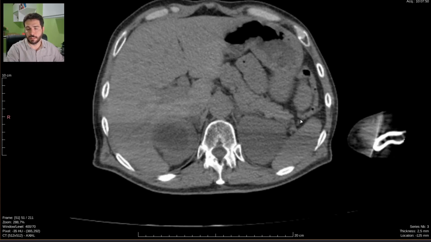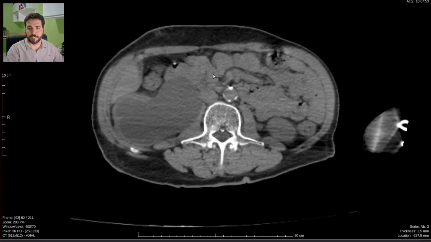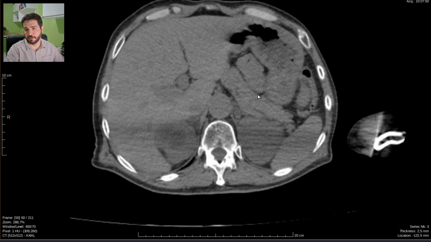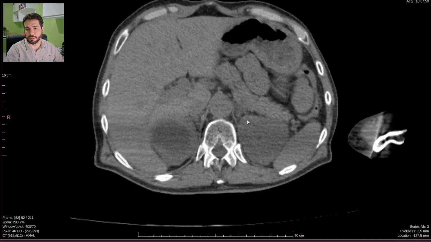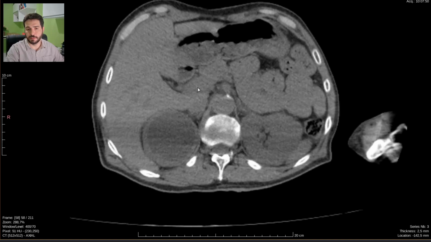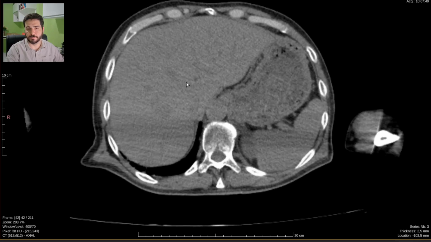So moving on, the pancreas looks fine as much as we can tell. Right here, head, neck, body and tail. Right here you can see the left adrenal gland and the right adrenal gland. The portal vein looks fine.